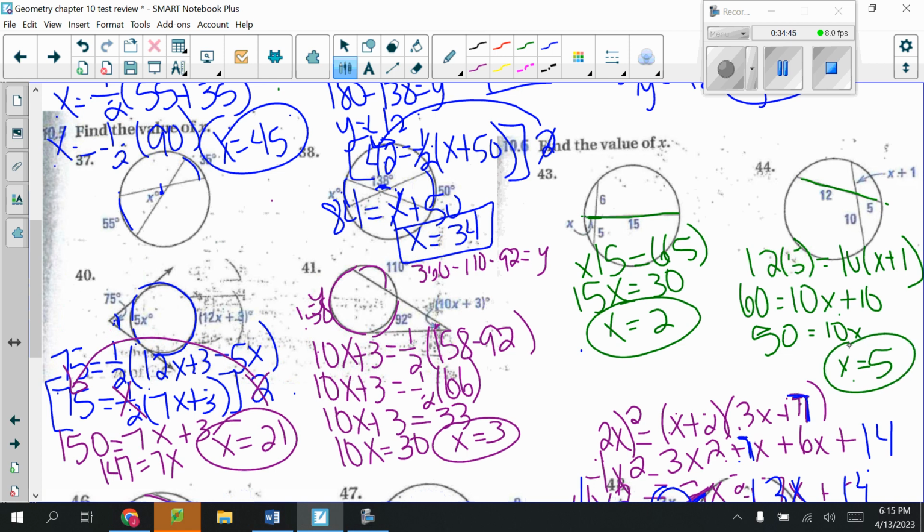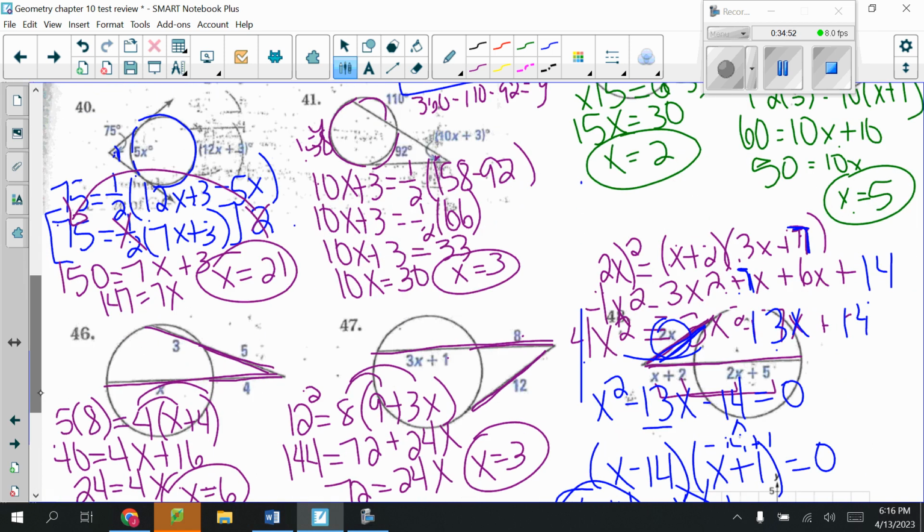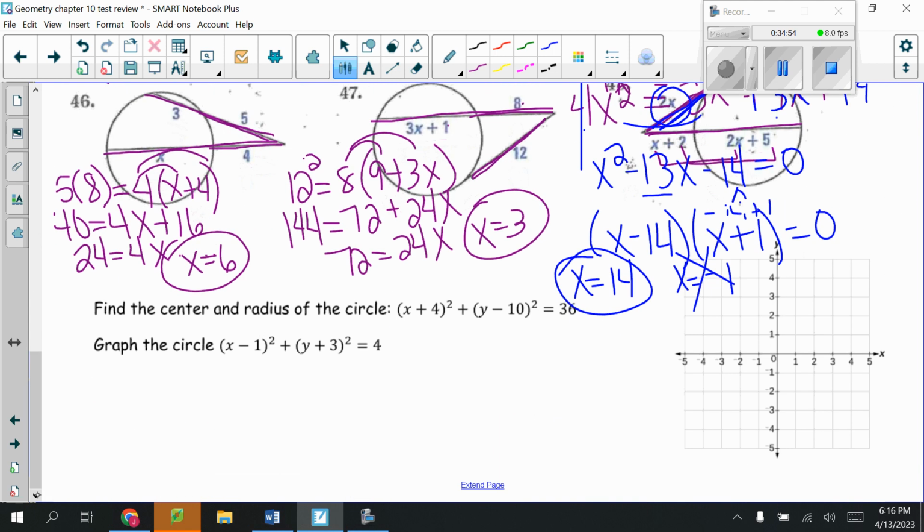All right, we're almost done. So now the very last problems. We learned these back in section 10.1. The circles. So this first one, find the center and radius of the circle: x plus 4 quantity squared plus y minus 10 quantity squared equals 36. Remember that if I don't have parentheses, then my center is at 0, 0.